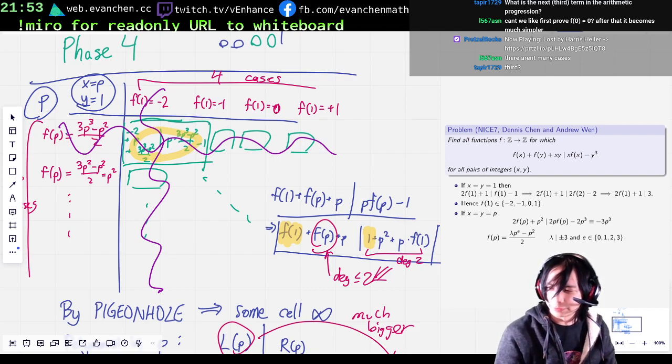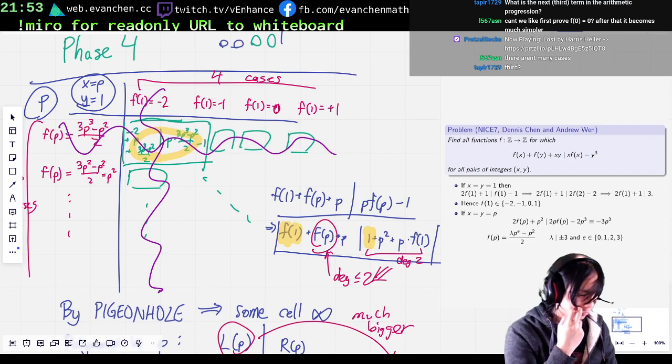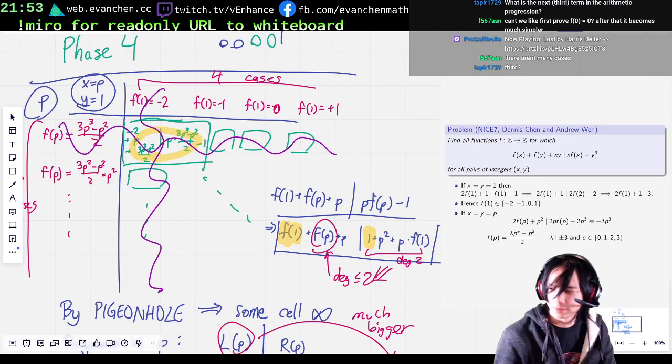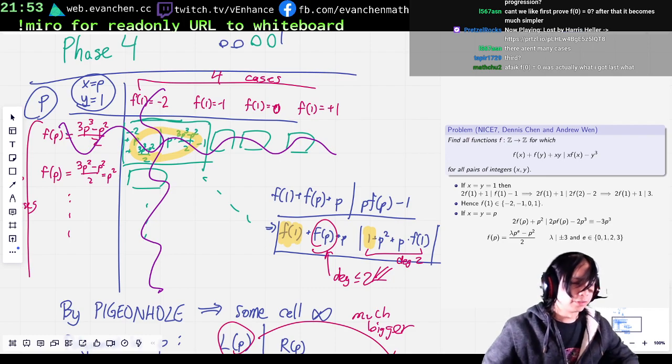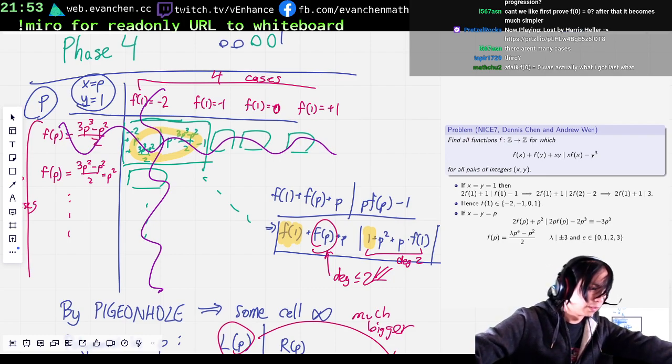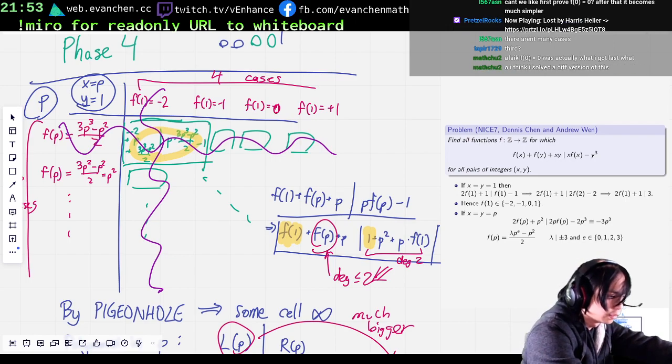Let's see. f of 0 is supposed to divide 0. Does that help me? If I plug in 0, 1, does that remove some cases for f of 1? Yeah, f of 0 equals 0 for sure, because what you get is f of 0 divides 0.